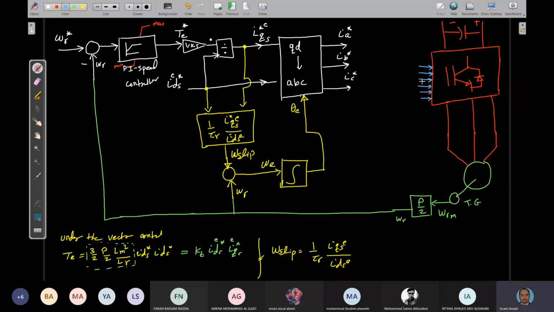And here, let's assume this is the current control and the gate drive.